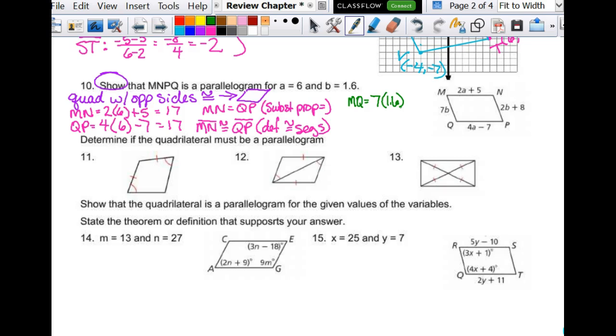That would give me 115. But I don't want 115, that's not right. What did I do? I did that wrong. I'm sorry, 105 plus 7 gives me 112. I said 115, it's 112. But 7 times 1.6 is less than 14 because it's less than 2, so that would be 11.2.